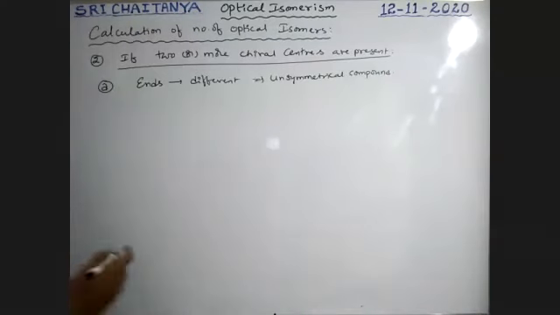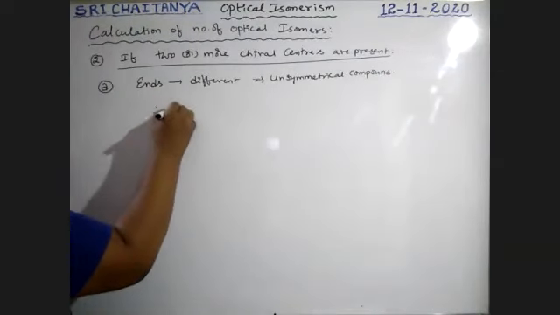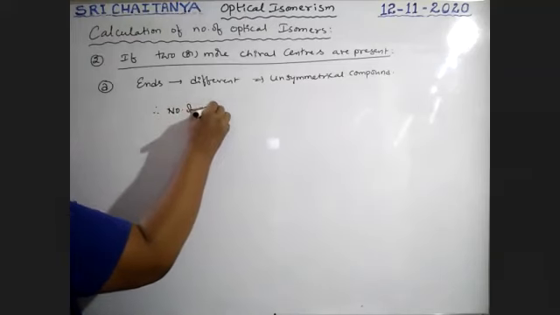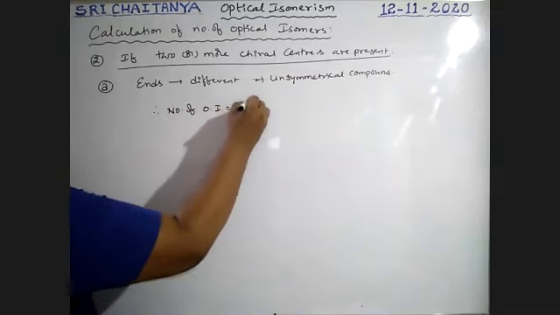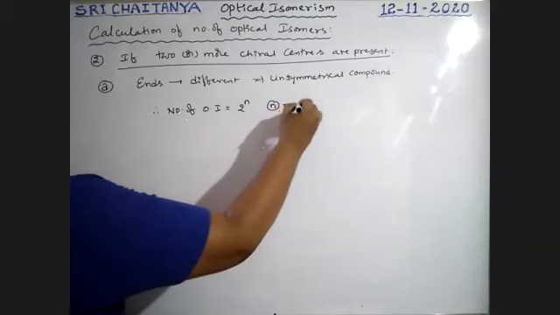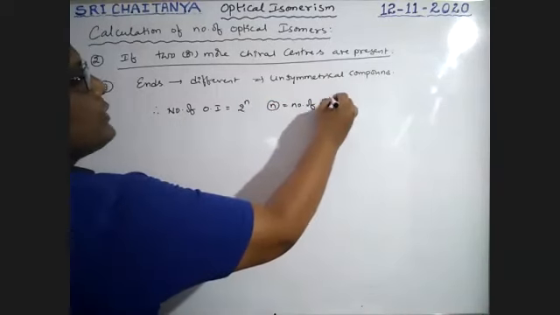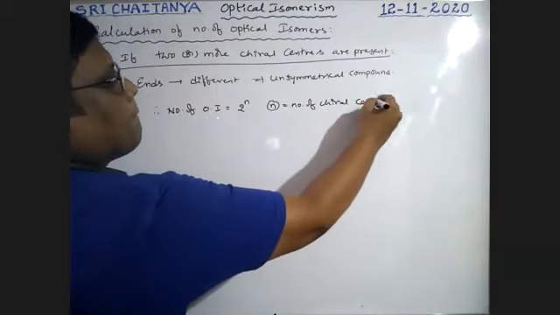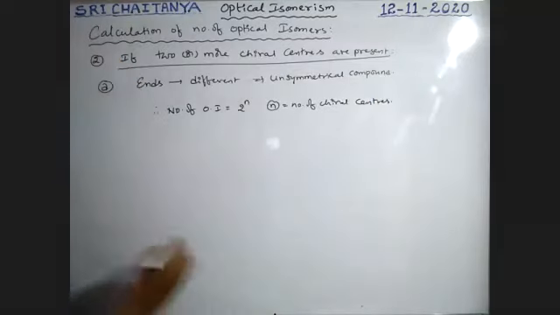Now, therefore, the number of optical isomers is equal to 2 power n, where n is the number of chiral centers, when the ends are different.